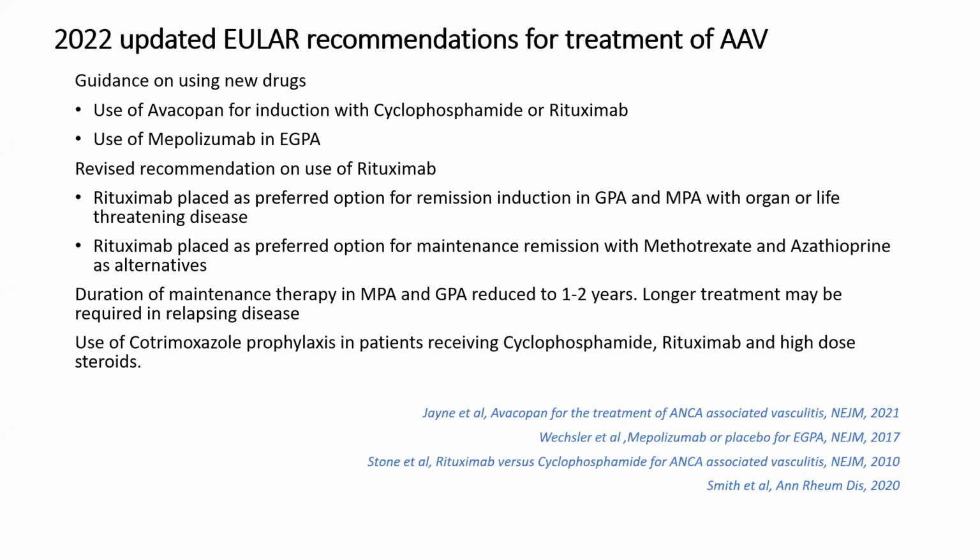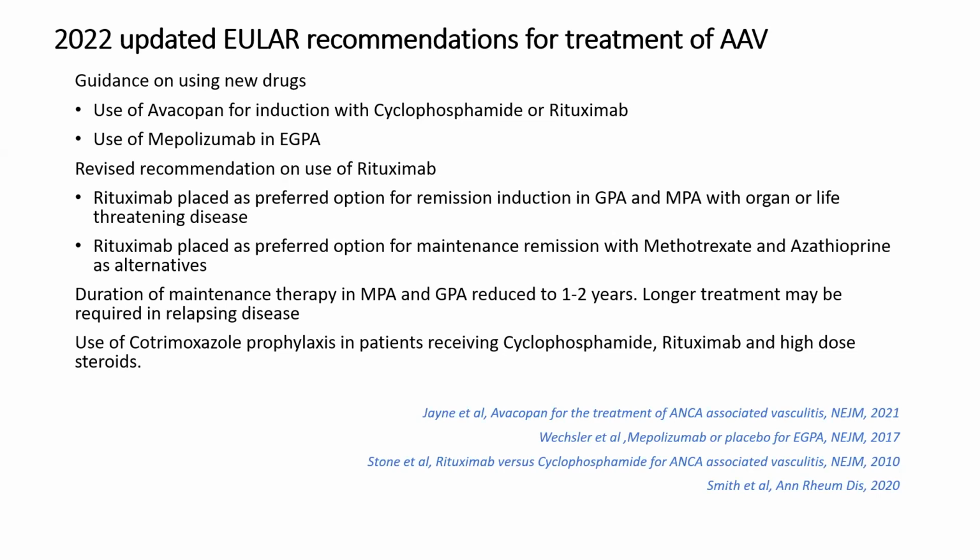So before, rituximab was an option to use as an alternative to cyclophosphamide, but now it's been placed as a preferred option for remission induction in GPA and MPA with life-threatening or organ-threatening disease, and also has been placed as a preferred option for maintenance treatments. And methotrexate and azathioprine are mentioned as alternatives because of studies that have shown some superiority.